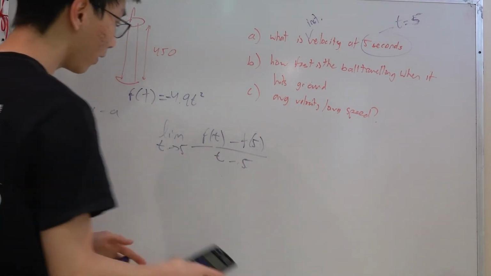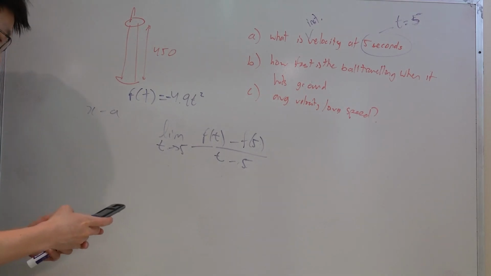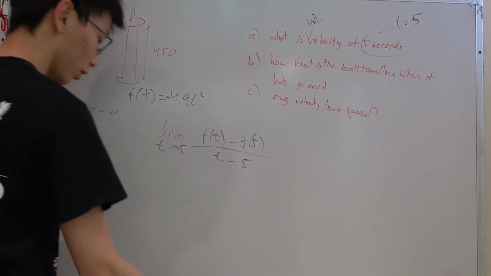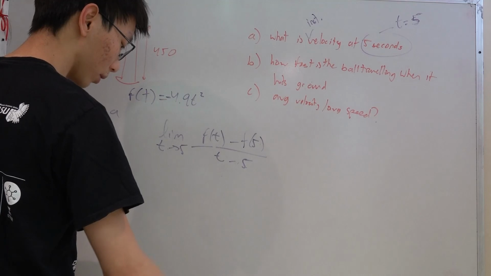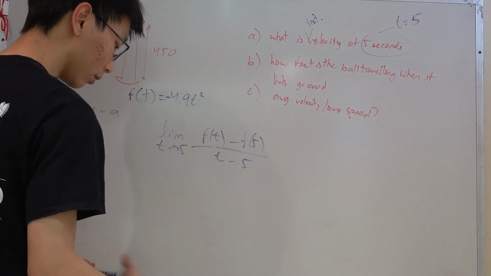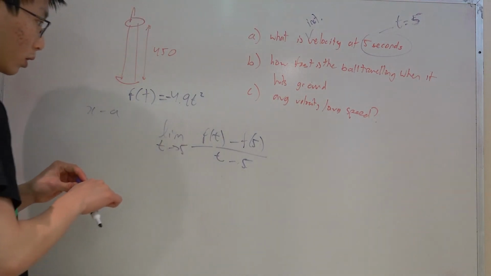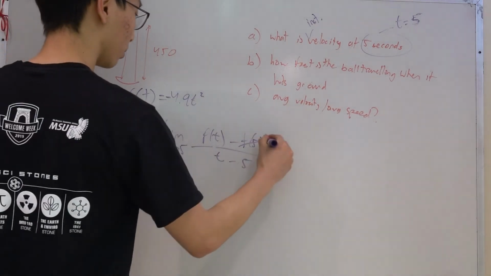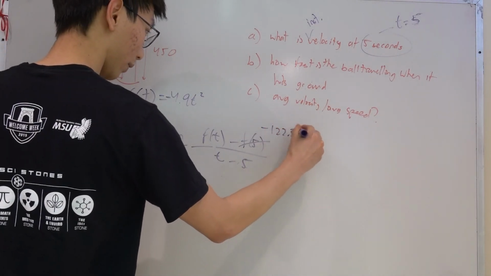Now you can go ahead and plug in this number. What is f of 5? It's negative 4.9 times 5 squared, which is 25, and that is equal to negative 122.5.